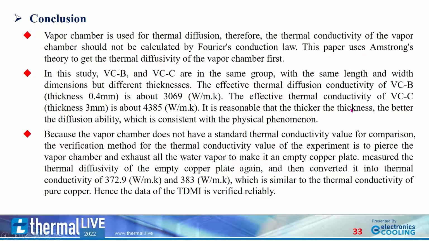The effective thermal conductivity of VC B, thickness 0.4 mm, is about 3000, and the effective thermal conductivity of vapor chamber C, thickness 3 mm, is about 4300. It is reasonable that the thicker the thickness, the better the diffusion ability, which is consistent with the physical phenomena.